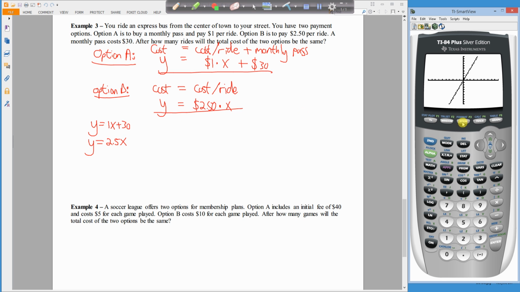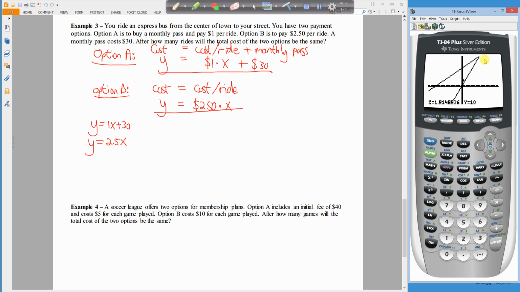So what you want to do is zoom out quite a bit. I want to zoom out all the way up here somewhere. So let's zoom out. Enter. There I see my second equation, and the first equation with a y-intercept of 30.